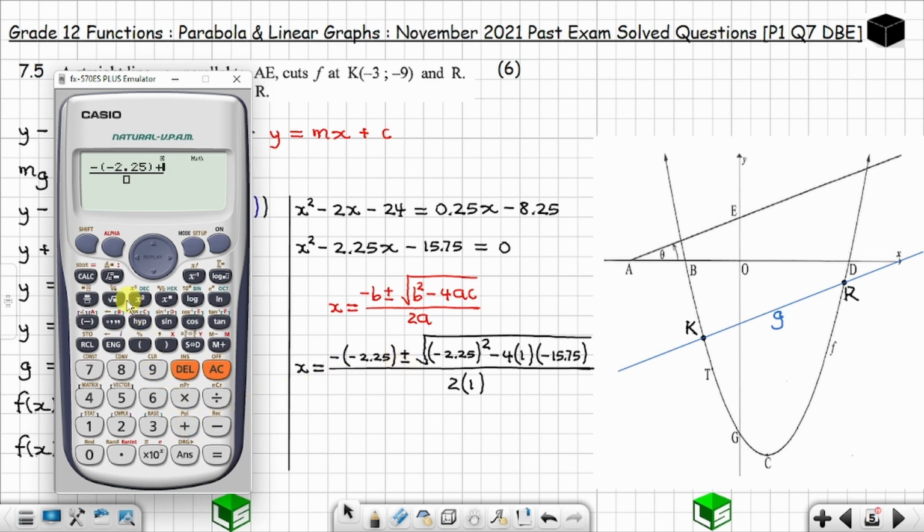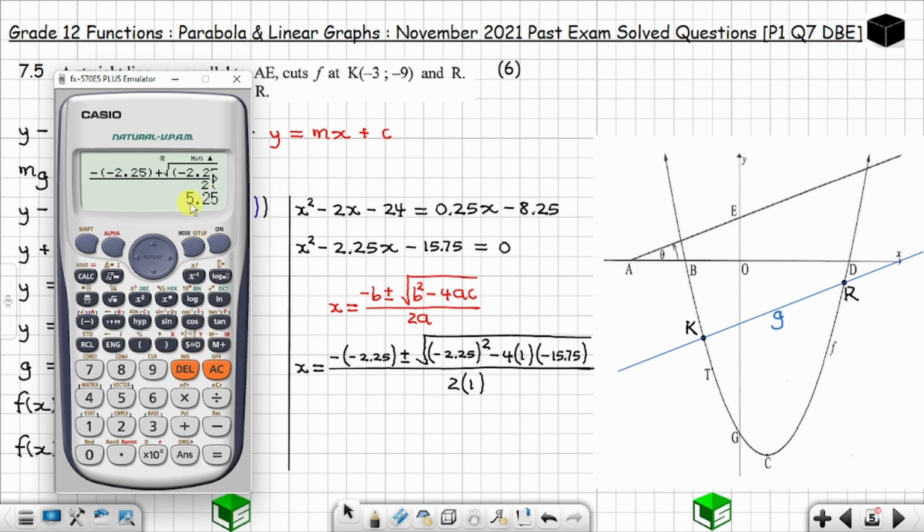So you have square root, in bracket, negative 2.25 squared, minus 4 times 1 times negative 15.75, over 2 times 1. I hope you can follow. Now you have 21 over 4.